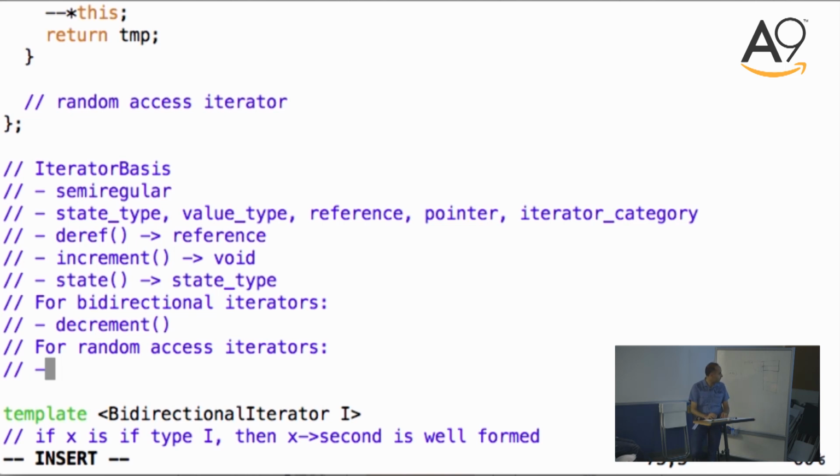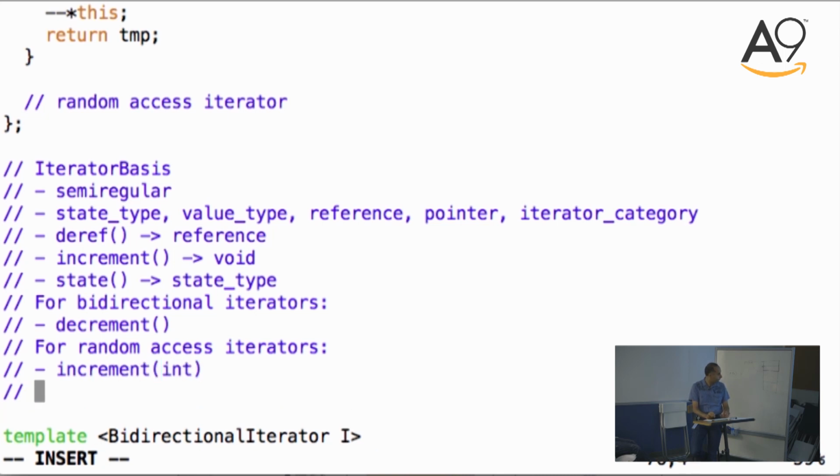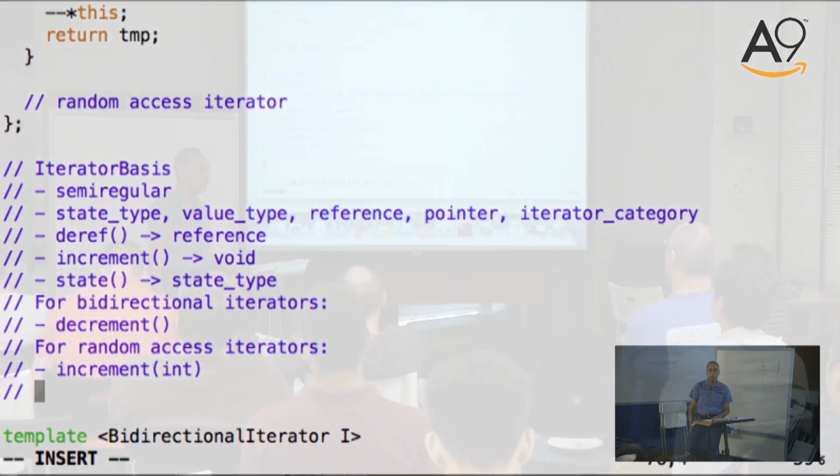Move by an offset. So let's just call it increment by an offset. So we can overload increment to do that, or you could define a new function. It doesn't make much difference. What else?